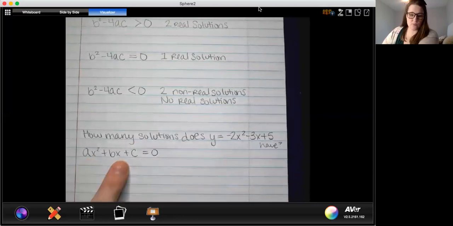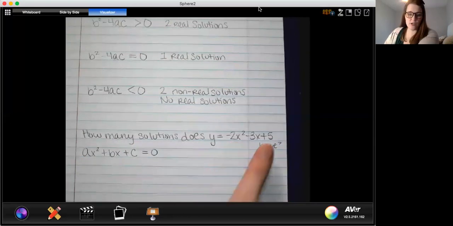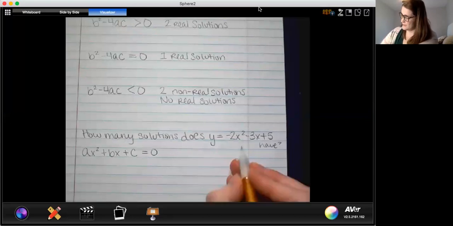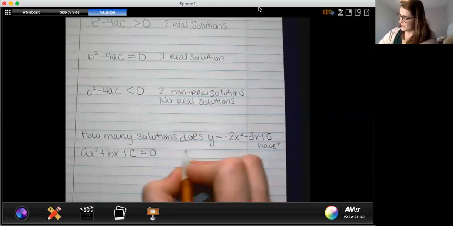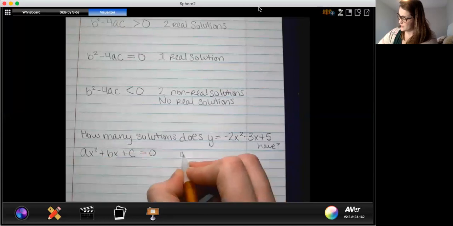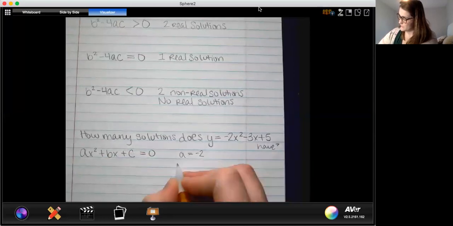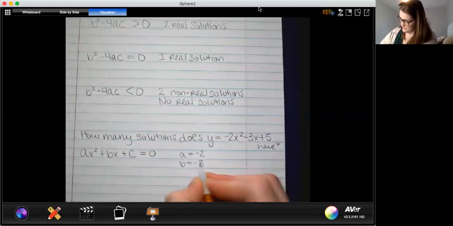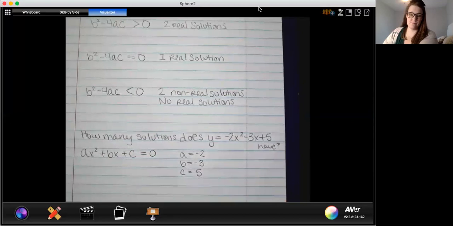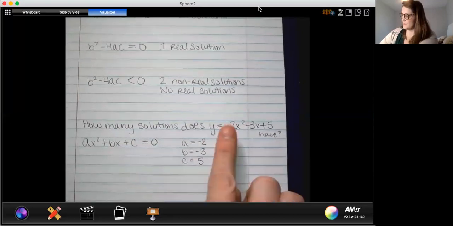So rather than x and y, we have x squared and x to resemble quadratics. So therefore, in this scenario, a is going to be -2, b is going to be -3, and c is going to be 5. Okay, a, b, and c.